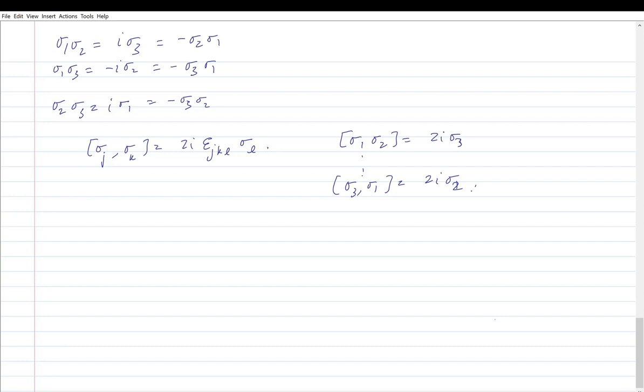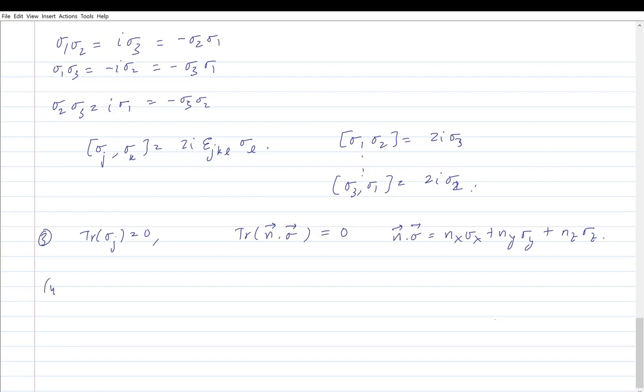These guys are traceless. Trace of, again, where n x sigma x plus n y sigma y plus n z sigma z.